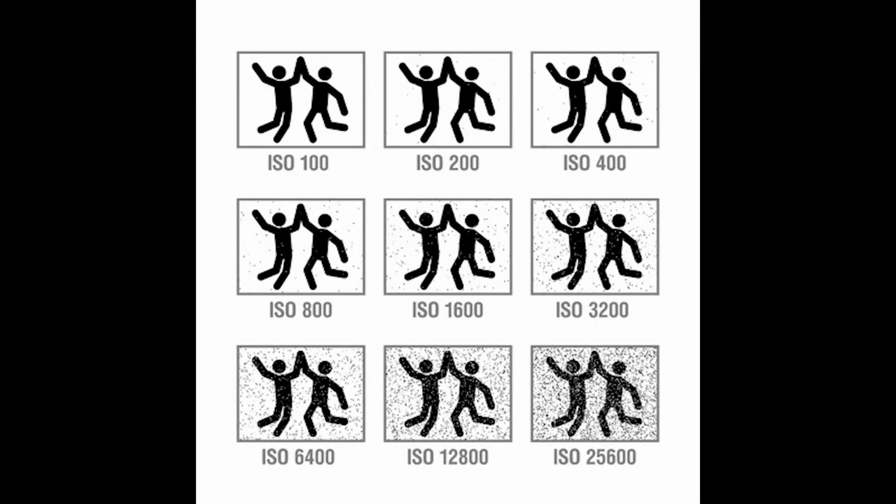So you want to keep your ISO to whatever fits whatever you're shooting. If you're doing film or taking a photo, whatever fits for your ISO. You don't want it too high. I try to not go above 800. It goes down to 80 and up to like 10,000 depending on the camera you're using.